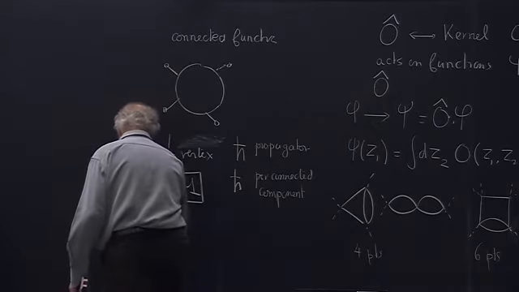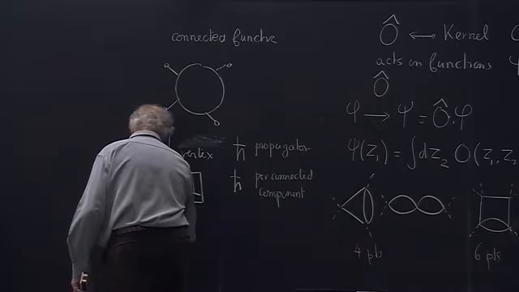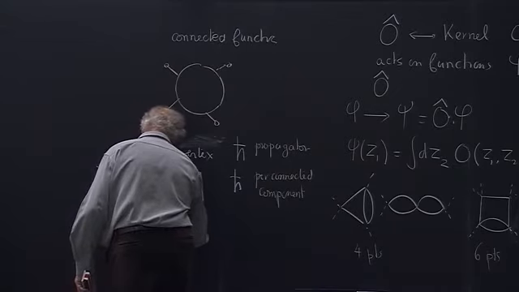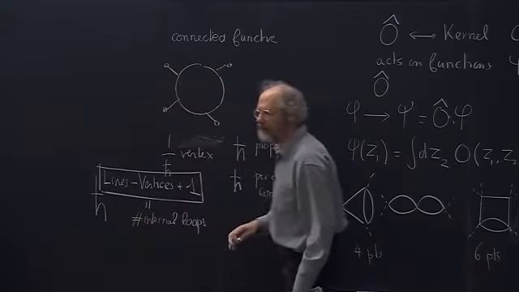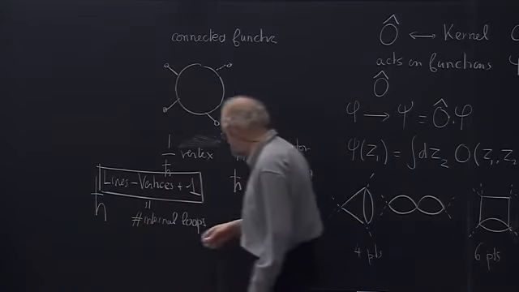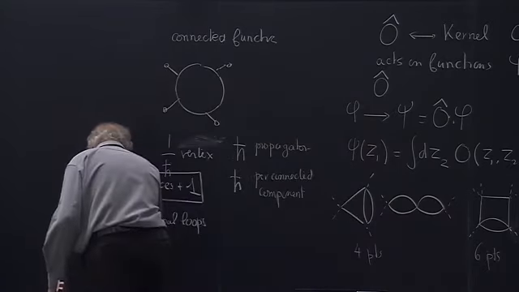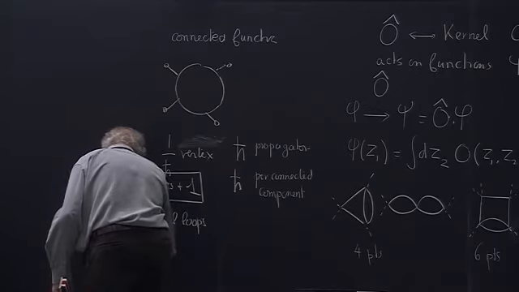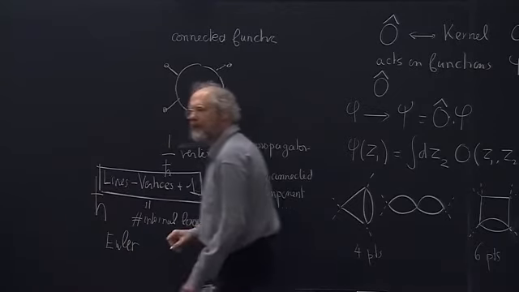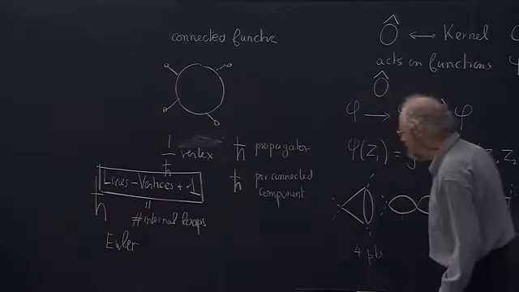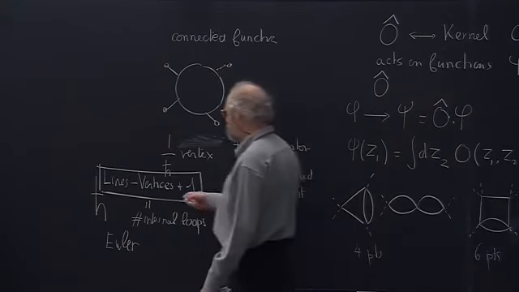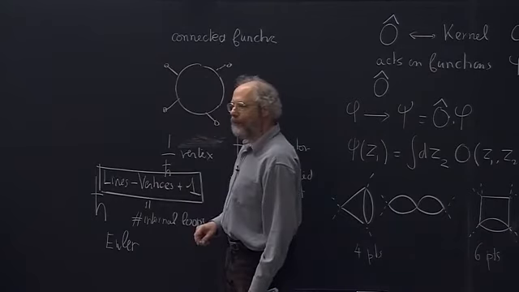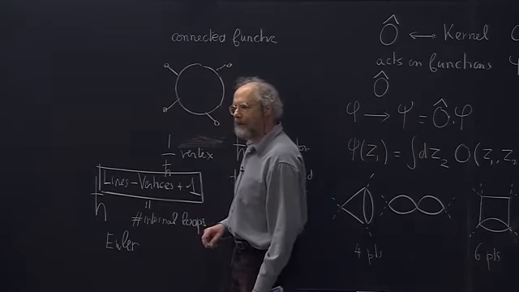This is equal to the number of internal loops, but in mathematics this is known as the first Betti number, I think. It's a formula that goes back to Euler, the famous mathematician at the end of the 18th century, which gave birth to the field of mathematics called topology.